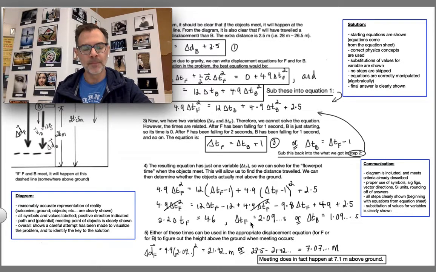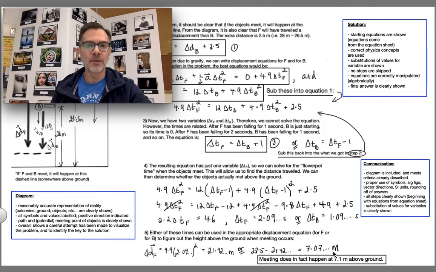A little bit of algebra, and eventually you solve a pretty simple equation for the flower pot time. And if you subtract 1, you get the ball time. Once you have done that, you can sub either of these numbers into the related displacement equation and figure out how far the object, either the ball or the flower pot, has moved. And then you can figure out how far above the ground that is. And in this question, you get 7.1 meters to 2 significant digits.